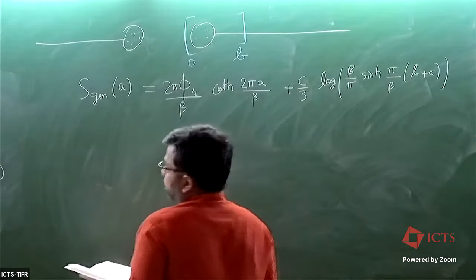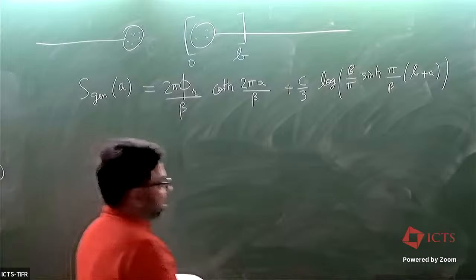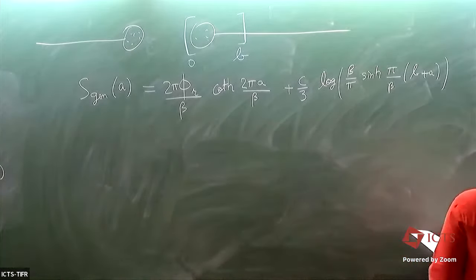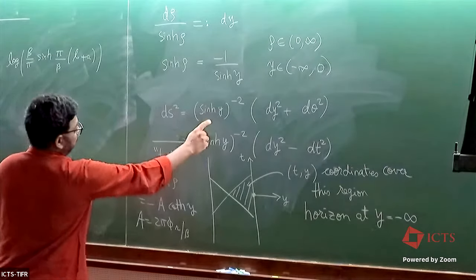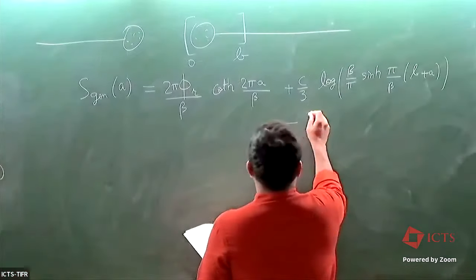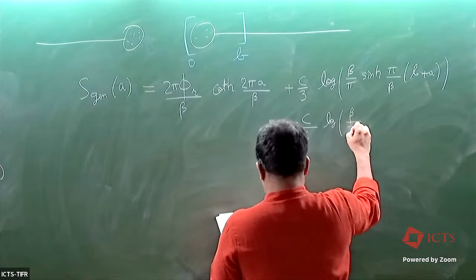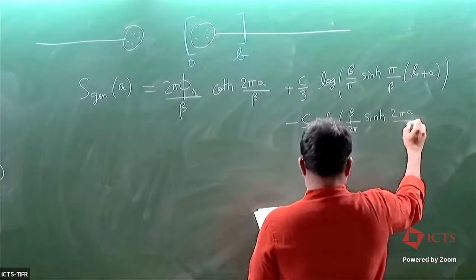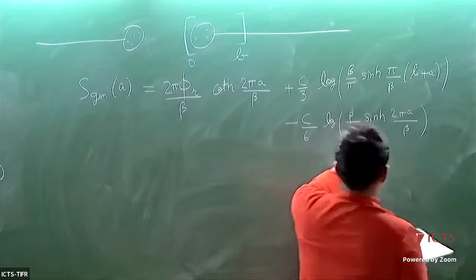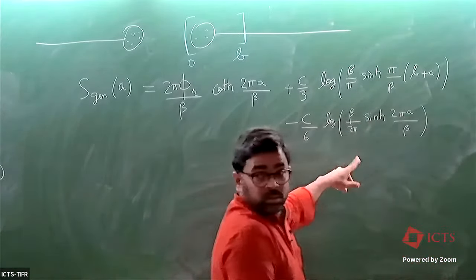But now we have to remember that this point minus A is in AdS2 space. So the AdS2 Weyl factor is this Weyl factor. So we have to put an extra contribution from the point negative A, which comes from here. So it's negative C over 6 log of beta over 2 pi sinh of 2 pi A over beta. It's basically sinh of the spatial coordinate up to some 2 pi's and stuff, right?